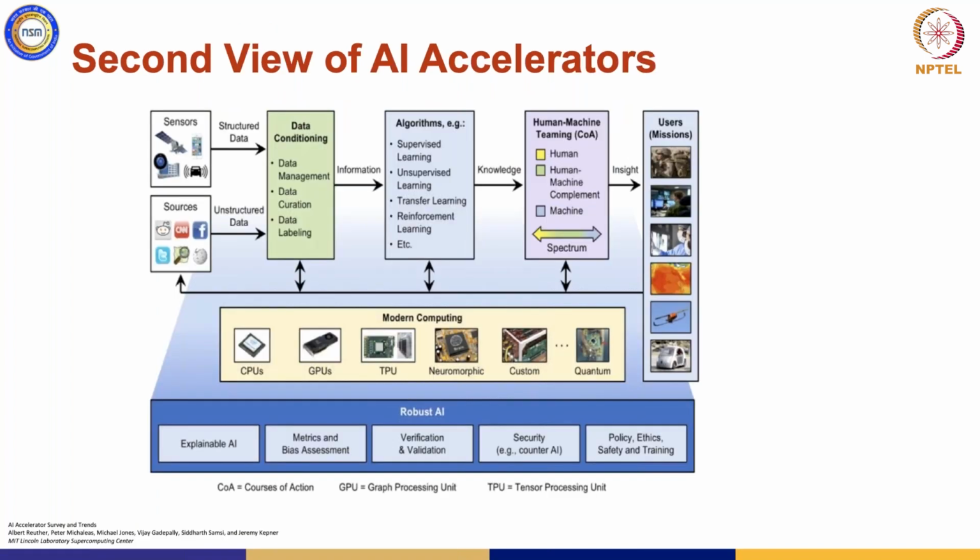And from the second view of AI accelerators, what I meant was, you can use these accelerators. If you see here, it starts with CPU, GPU, TPU, and then all the way up to quantum accelerators. So the idea here is that all of these different levels of complexities which are available in these accelerators could be used at different levels of your programming applications, right?